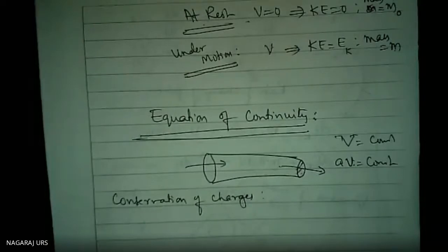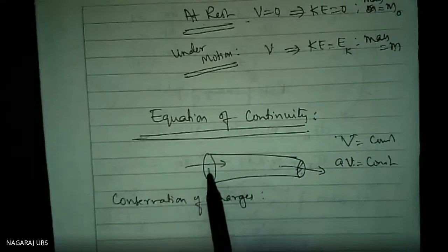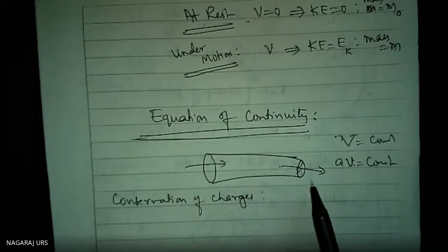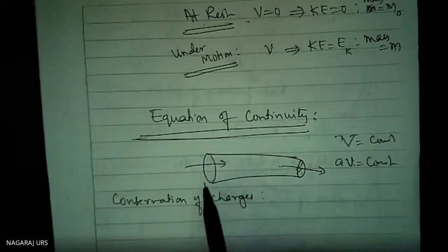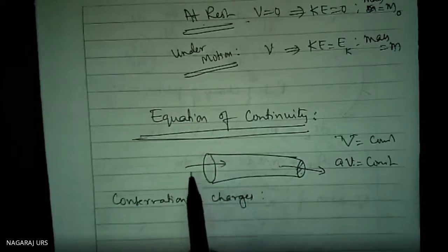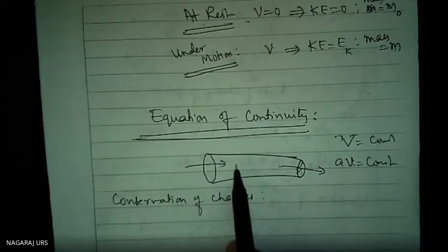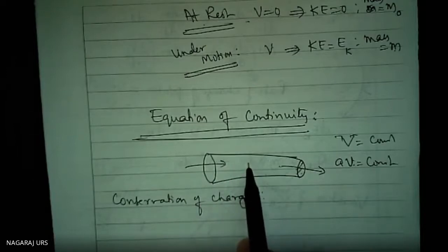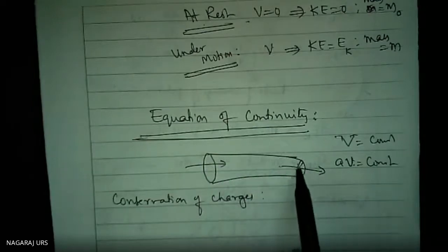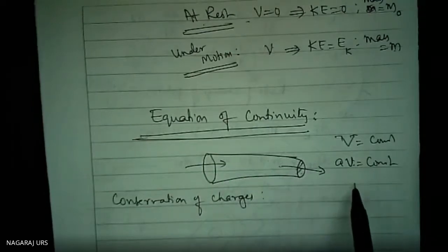It states that the net charge crossing a surface bounded by a closed volume, if it is not zero, then through the cross-sectional area, the rate of increase of charge is equal to the rate of decrease of charge.